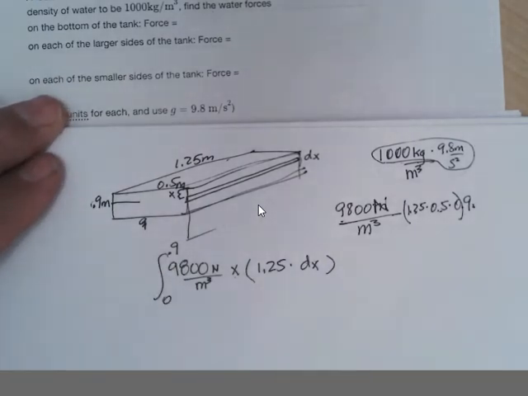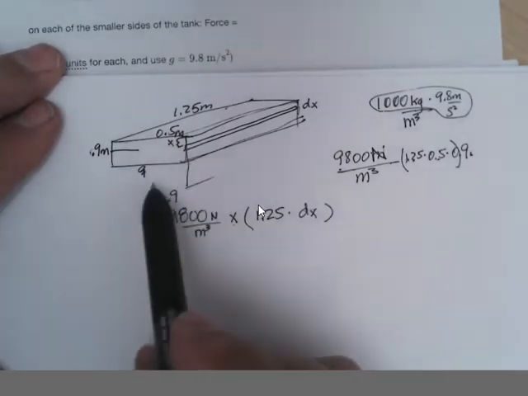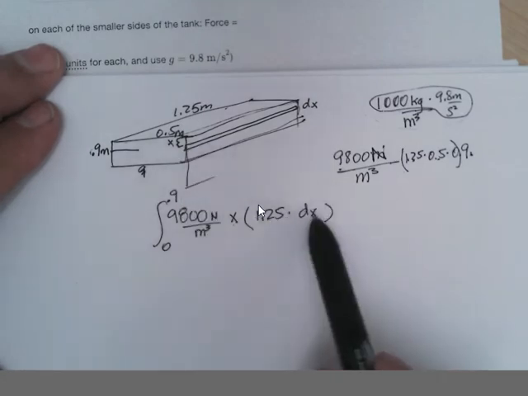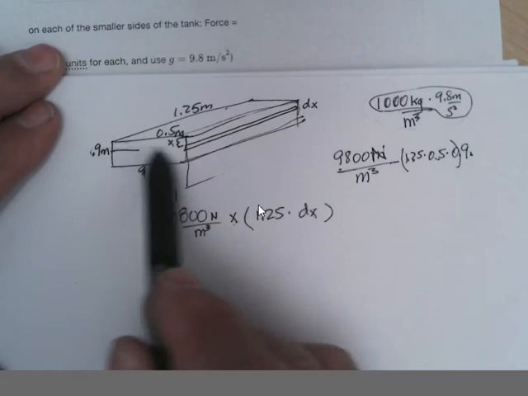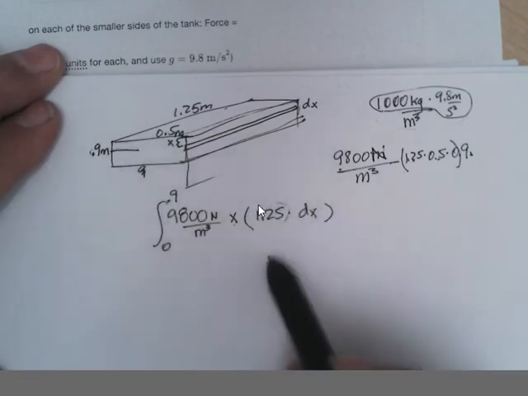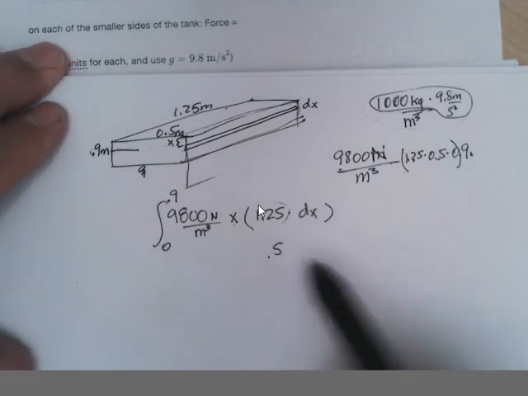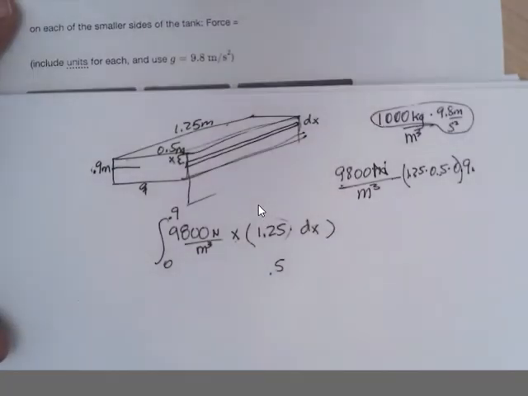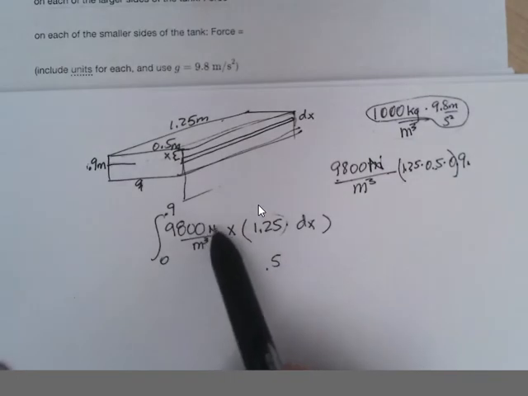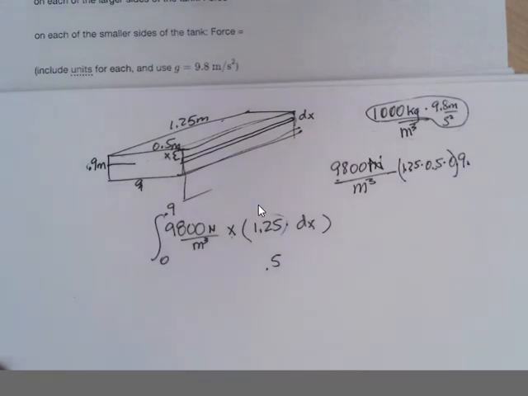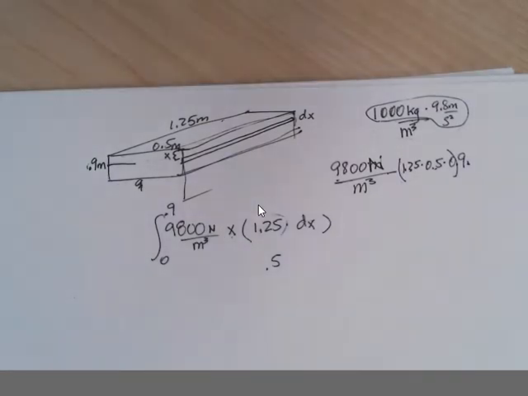And then they say how much on the smaller side. The only thing that would be different, still x deep, still dx thick, but it would be only 0.5. So I'd change this to 0.5 to do the force on the smaller side. And the force would be in newtons, because meters, meters, meters cancel the meters cubed and leave just newtons. That's number 5.